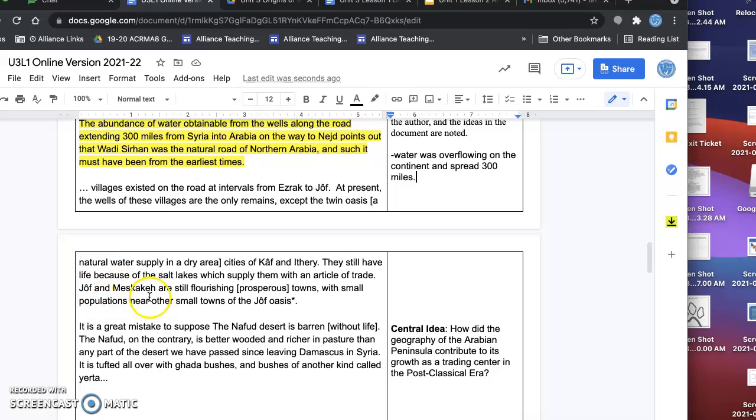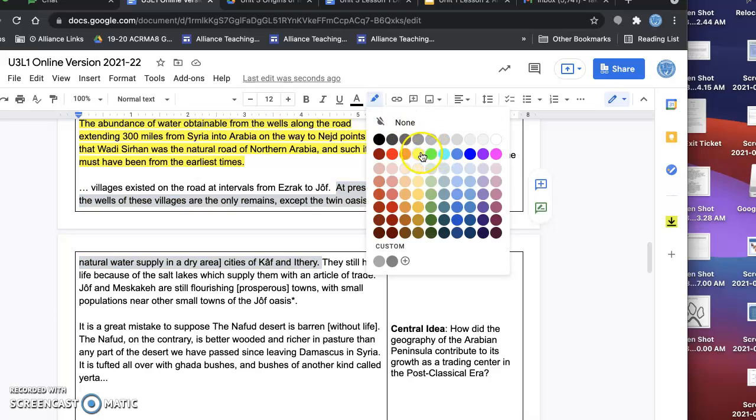Jof and Meskake are still flourishing towns, with small populations near other small towns of the Jof oasis. Okay, so now over here it's talking about oasis. They had a natural water supply. At present, the wells of these villages are the only remains, except the twin oases. So this is an important part we can highlight as well.